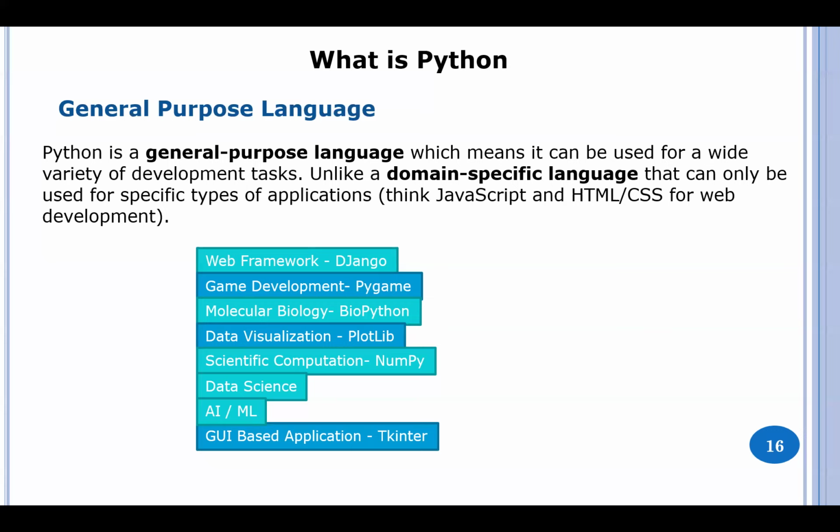Everywhere we are using Python, because in different domains we have different packages.